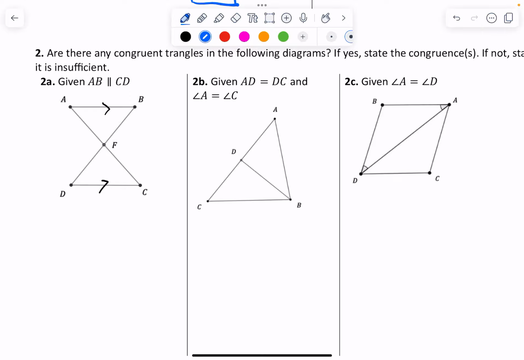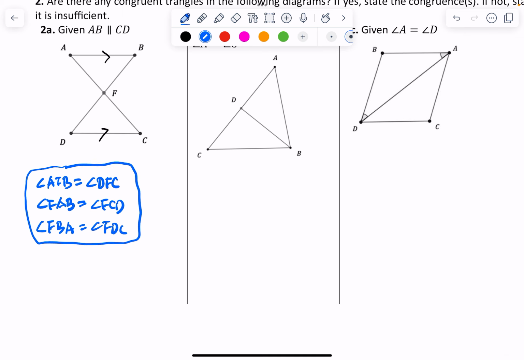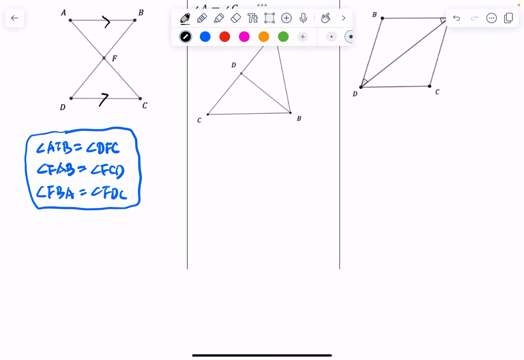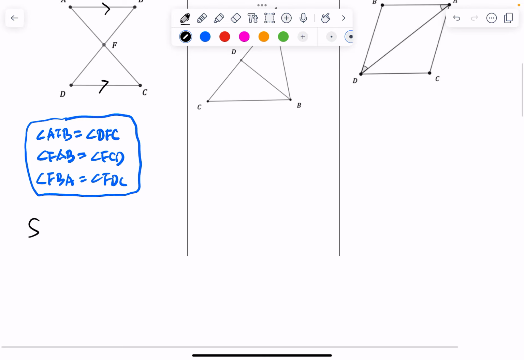Because the only thing we know is that angle AFB is equal to angle DFC, angle FAB is equal to angle FCD, and angle FBA equals angle FDC. We only know these three things. And three angles is not enough to prove congruence. However, later you will learn that there's actually a special term for this that is called similarity.